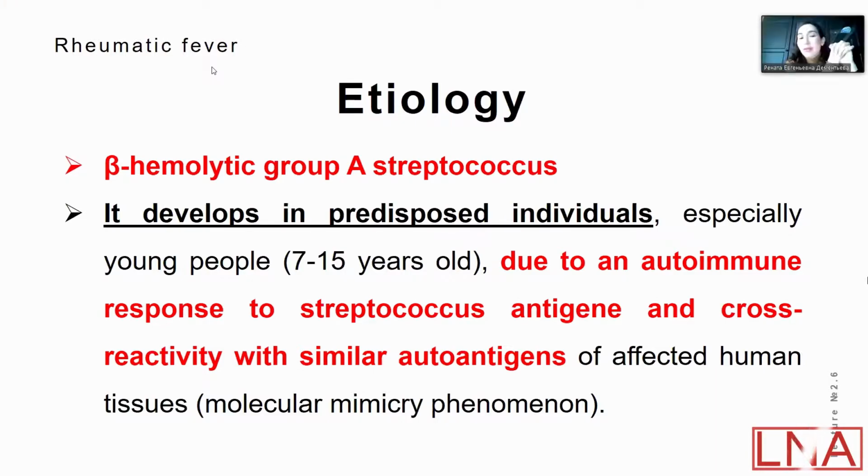It is an autoimmune response to Streptococcus antigen and cross-reactivity with similar autoantigens of affected human tissue, like a molecular mimicry phenomenon. Normally, it's an autoimmune anti-infection reaction presenting antigens by immune cells, then producing antibodies and circulating immune complexes, which lead to damage of different types of plasmatic membrane.